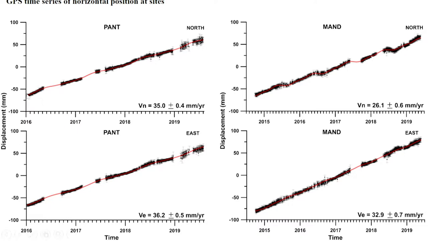You can see the displacement has a tectonic component as well as a non-tectonic component. Once we remove this secular motion with the help of the moving average method, we can get the non-tectonic component from this continuously operating reference station.